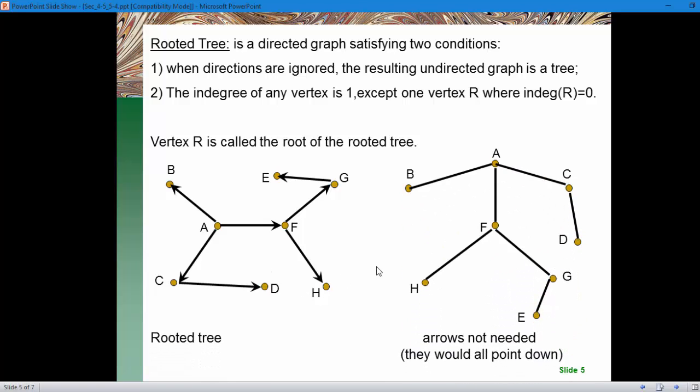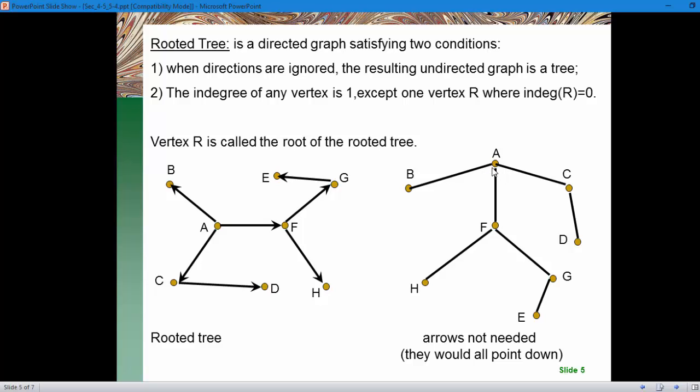You can also draw the diagram where no arrows are needed. In this case, the directions are downward. So for example here, a vertex A and vertex B, there's an edge here. Because vertex A is above vertex B, that means the direction is from A to B, so you go downward.